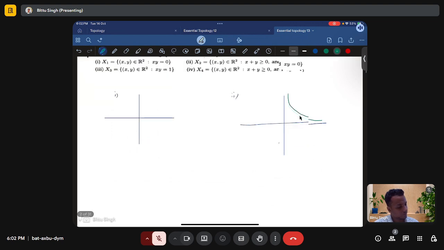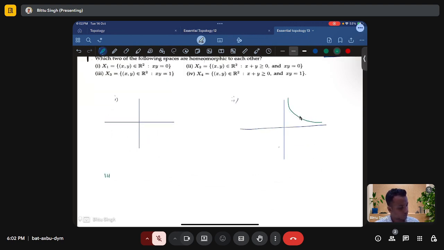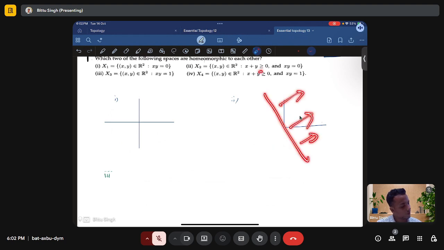Now let us draw the third one. Here x times y equal to 0. That means it is actually this part. xy equal to 0 means it is the x axis and y axis, but we only need to consider this region because of the fact x plus y greater than or equal to 0.